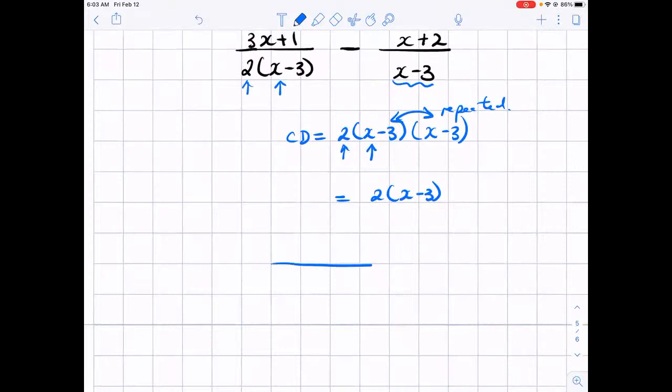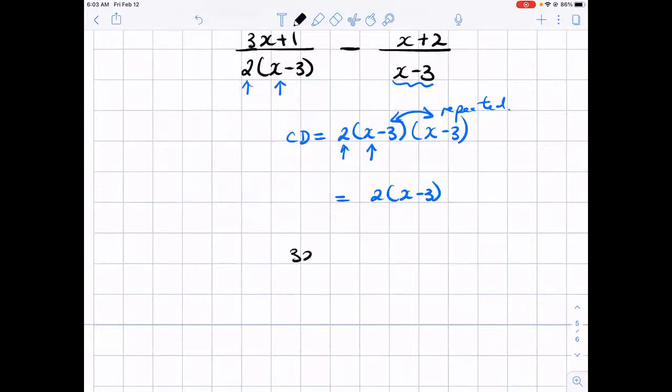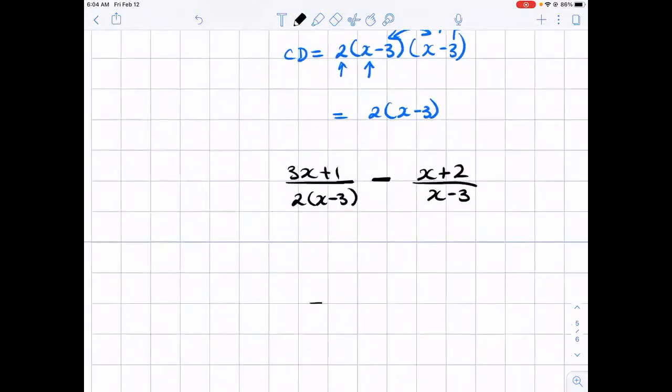So if I'm subtracting these two fractions, 3x plus 1 over 2 times x minus 3, then in the denominator now, I have 2 parentheses x minus 3.